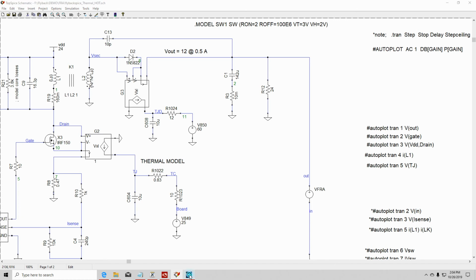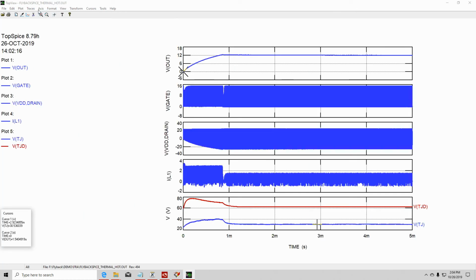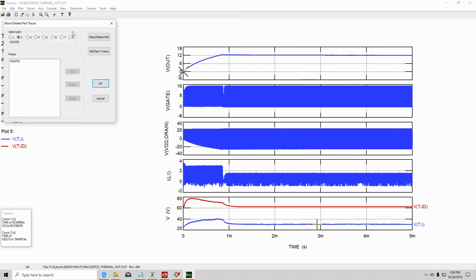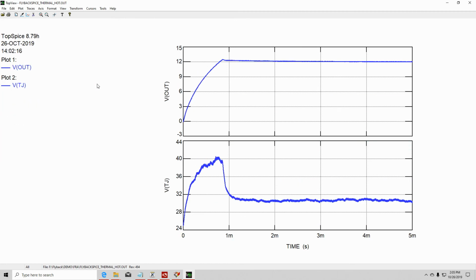Okay, and let me go ahead and save this. Basically, I want to turn this off, and I just want that. Okay, let's see if I can save it. Save.